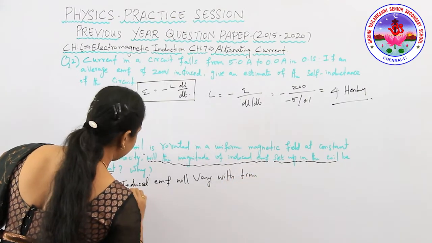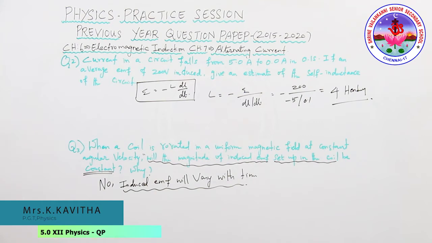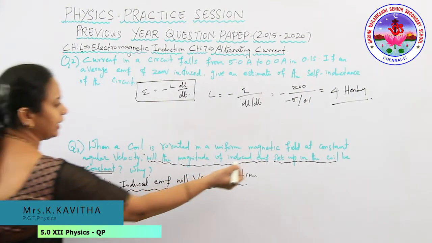It varies sinusoidally due to the change in the orientation of the coil with respect to the magnetic field, right?